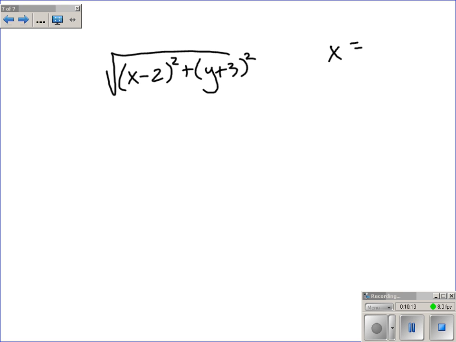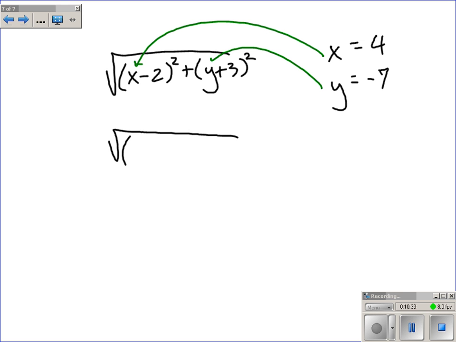Let x be 4 and y be negative 7. So if I plug things in, the x goes in with the x, and the y goes where the y is. So I have 4 minus 2 squared plus negative 7 plus 3 squared.